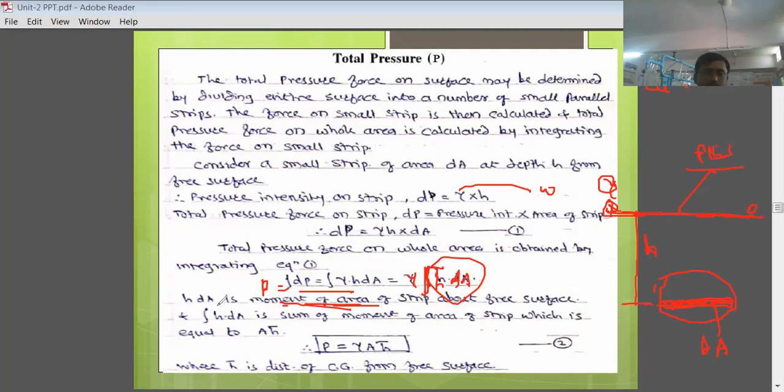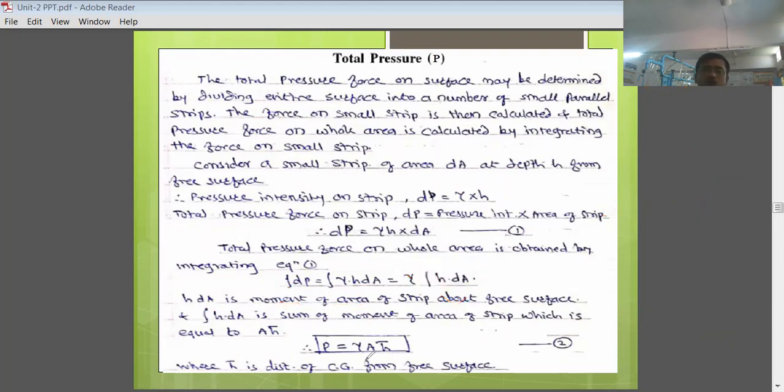So here h dA is nothing but the moment of area of the strip about the free surface, and integration of h dA is the sum of the moments of area of the strips. If you consider just this part, this is the moment of area of that particular strip.